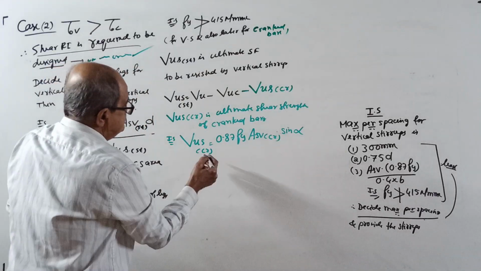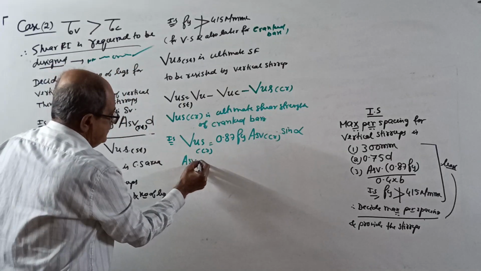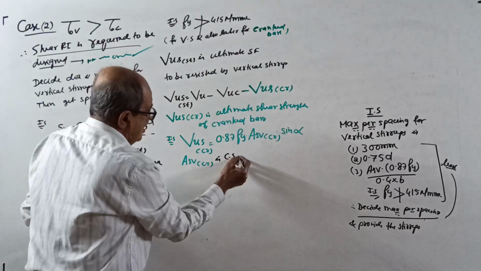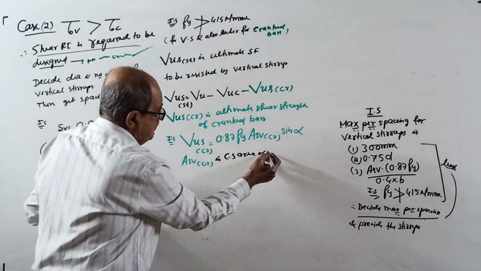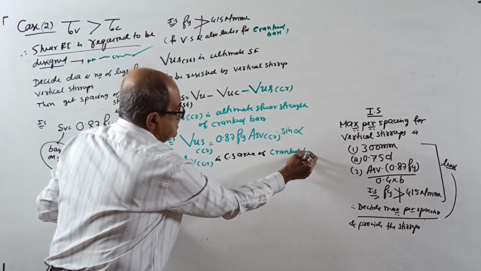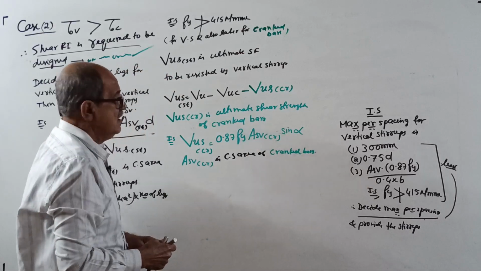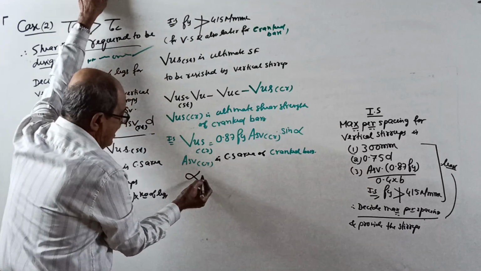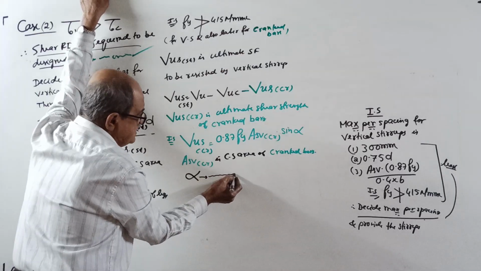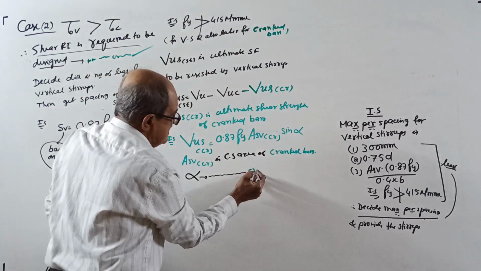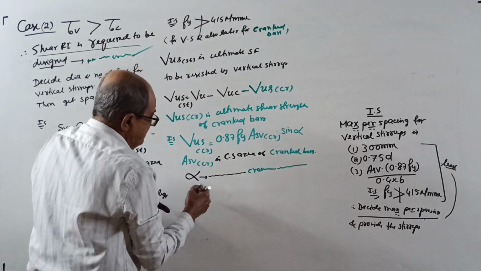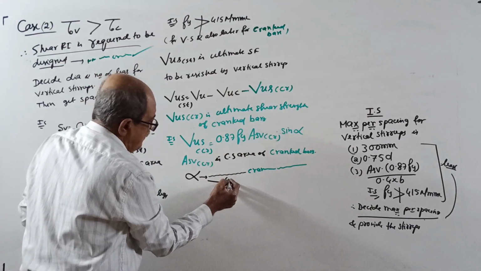One by one: ASV CR is the cross-sectional area of cranked bars; you know the number of bars and diameter. Alpha is the angle of inclination of the cranked bar with the axis of the beam. In absence of data, take alpha as 45 degrees.